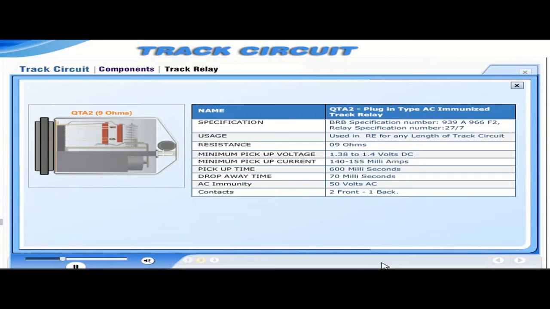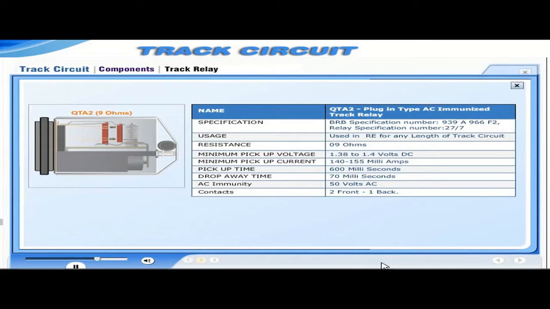Used in RE for any length of track circuit. Resistance is 9 ohms. Minimum pickup voltage is 1.38 to 1.40 volts DC. Minimum pickup current is 140 to 155 milliamperes.